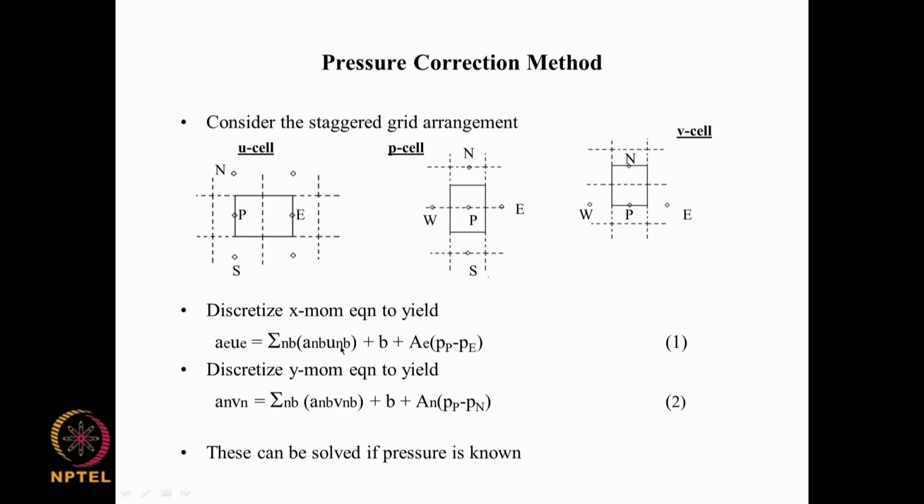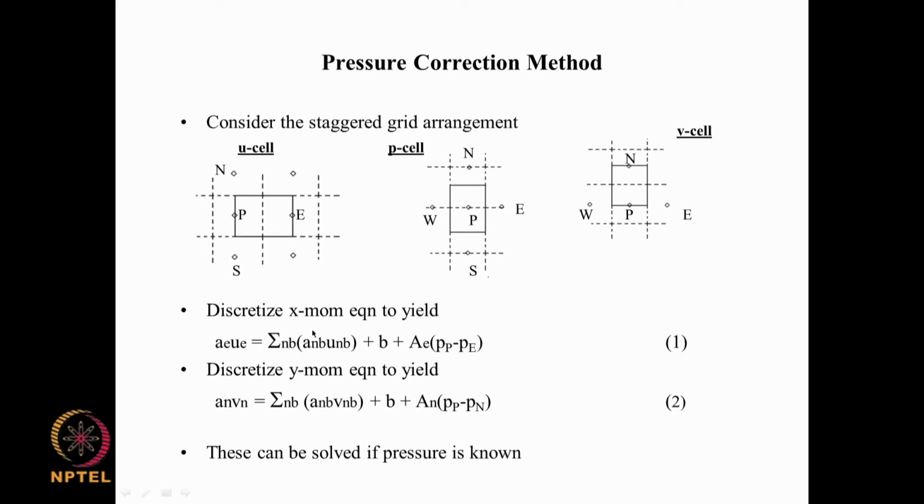So this implies summation over the 4 neighboring points, A west face U west plus A north face U north face like that. Those are the immediate neighboring velocity components that are coming here.